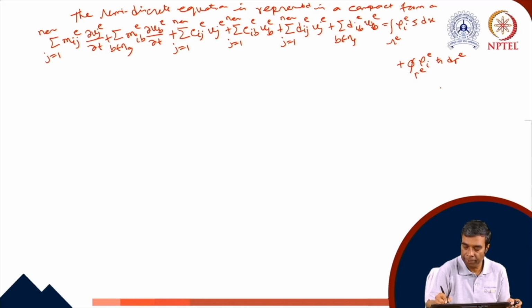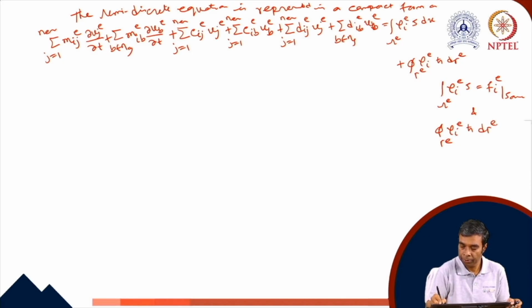Now let us define integration over omega e psi ie s equals to fie due to source term and boundary integral over gamma e psi ie h bar d gamma e equals to fie due to NBC.